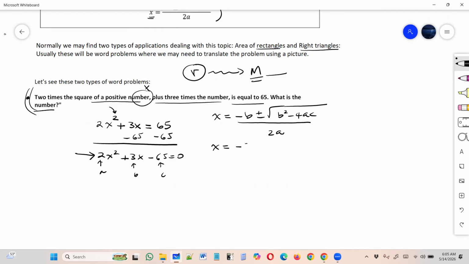So negative b plus or minus the square root of b squared minus 4 times a times c, over 2 times a.